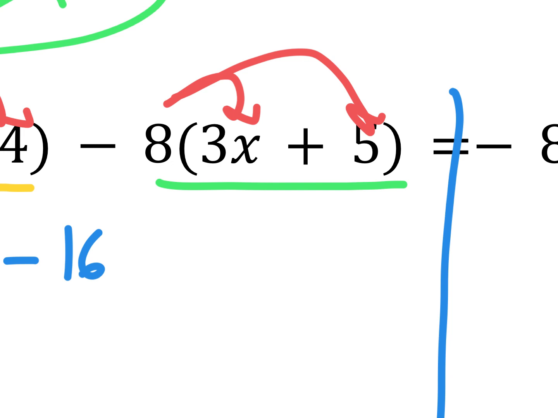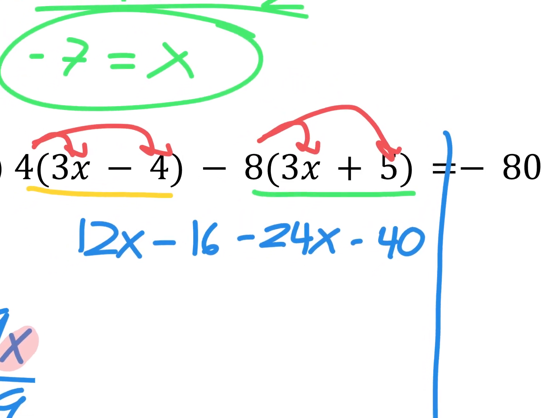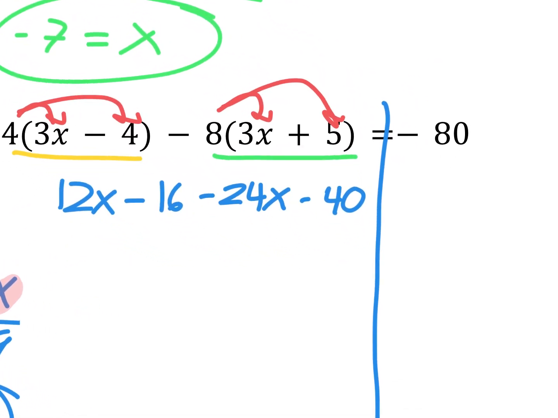So as we do that, if I have minus 8 times 3x, that will be negative 24x, because we're taking negative 8 times positive 3, which is negative 24. Then we'll take negative 8 times 5, and that is just negative 40. All right, and then we didn't do anything on the right side, so this all still equals negative 80.